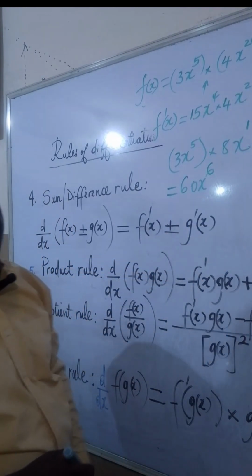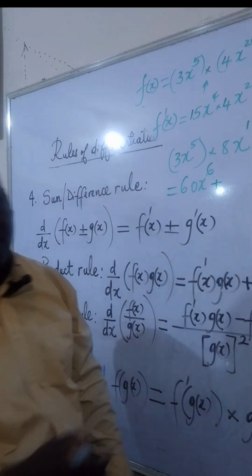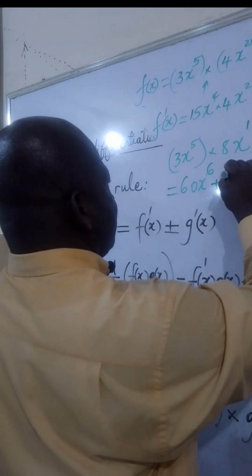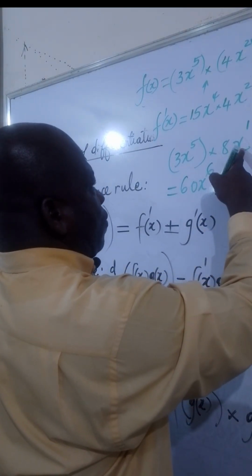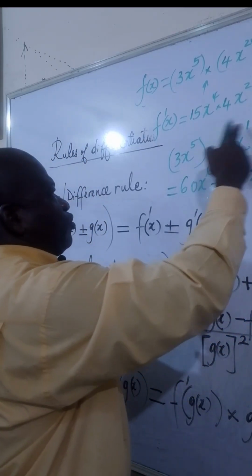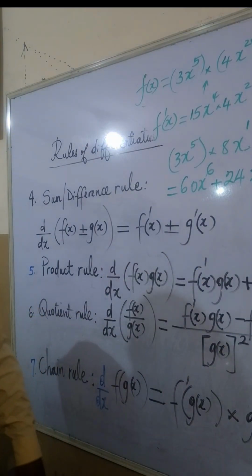We are adding the powers, plus 3 times 8, which is 24, x raised to power 5 times x raised to power 1, which is x raised to power 6. Power 5 plus power 1 gives us power 6. So this is how we can use the product rule to differentiate a product of two functions.